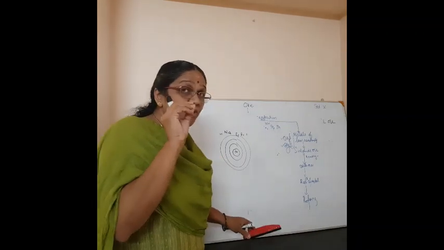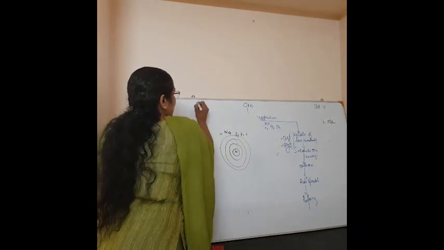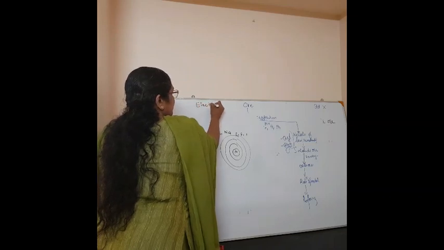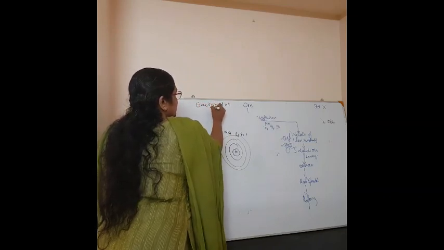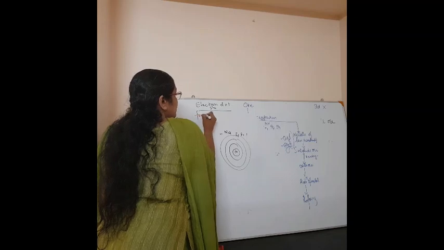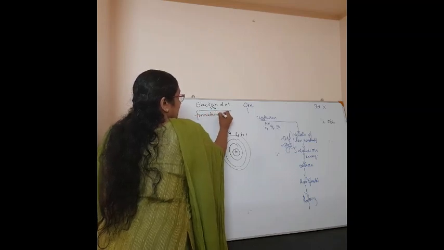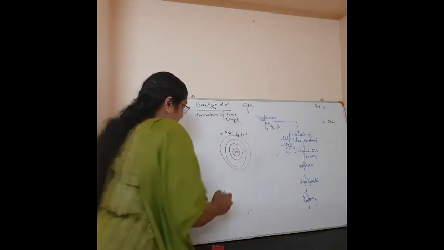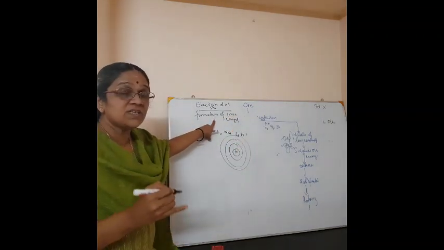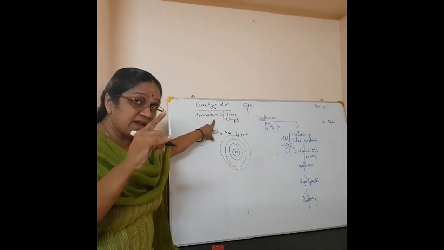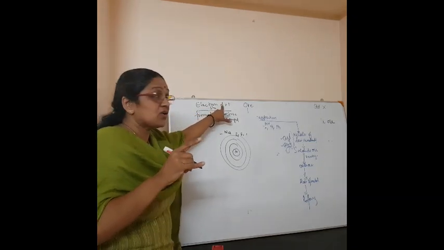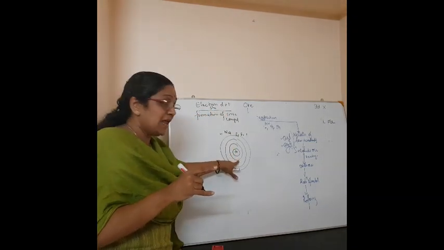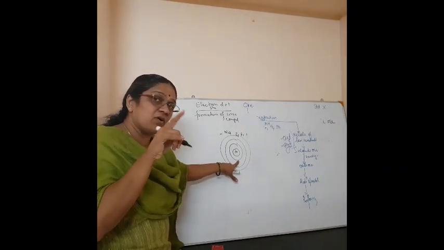And what is the electron dot structure? The electron dot structure is what you studied in the formation of ionic compounds. The structure you draw there is called the electron dot structure, and for the element, you call it the electronic structure.